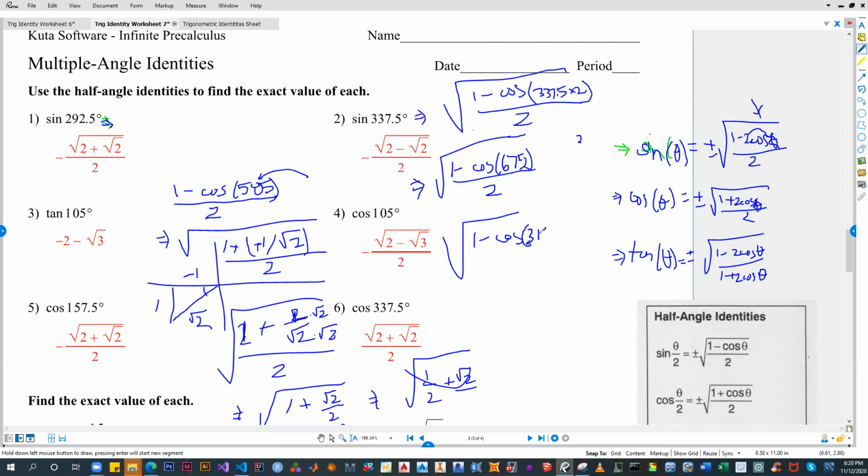So that's 315. In the unit circle, so that's 360. So that's this guy, 45. And so 1 minus 1 root 2. So cosine of that would be 1 over root 2.